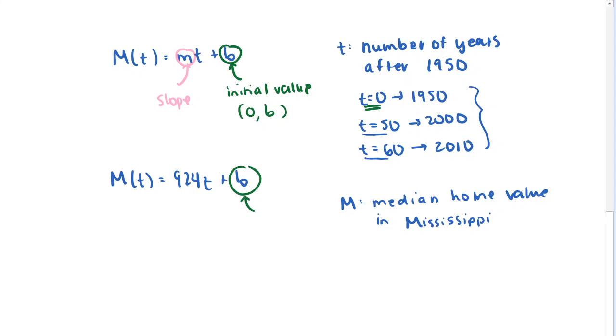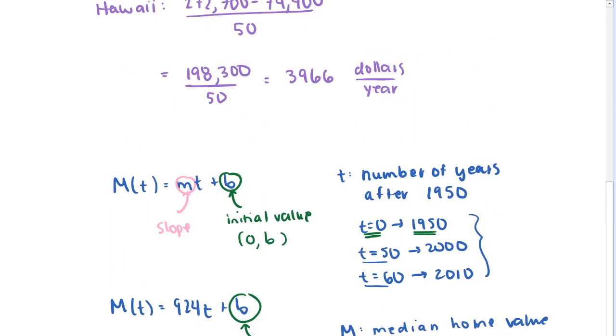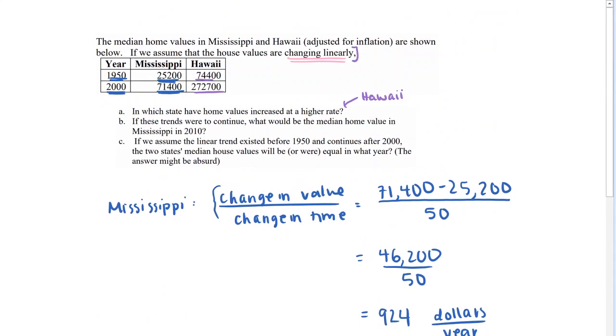Right, so this is the value of the homes. It's the output corresponding to an input value of 0. It's an output value corresponding to when we're talking about the year 1950. And so in the year 1950, we have a median home value of 25,200.